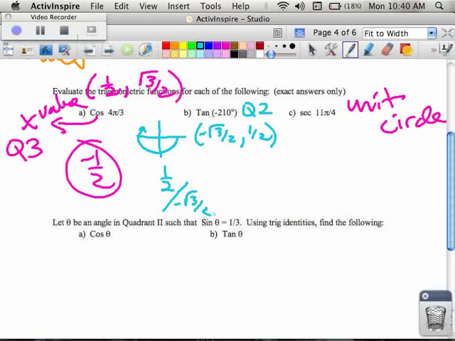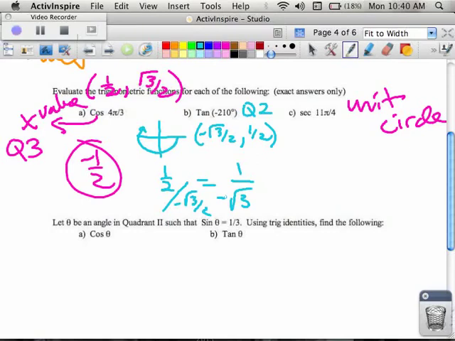I don't actually do this anymore, because I use the hand trick. I know it's a pi over 6. I take the sine, which is the 1, the y value, divided by the root 3, knowing of course that the x part, that root 3, was negative.